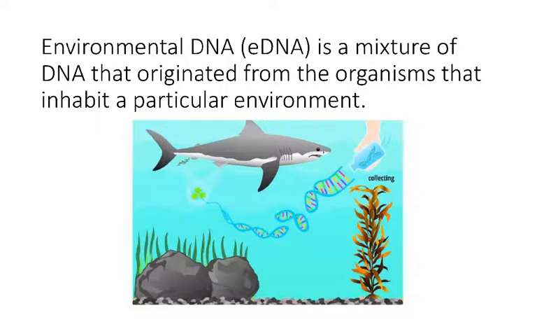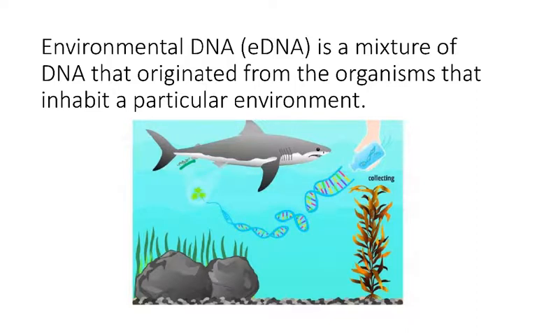So the idea is that if we're talking about the ocean environment, any organism in the ocean, like a great white shark or all the other fish species that are there, is releasing cells and pooping, as shown here, and that releases DNA into the environment, or eDNA.